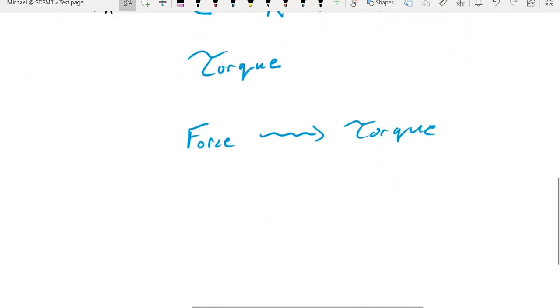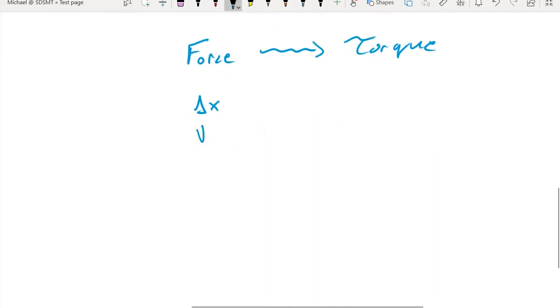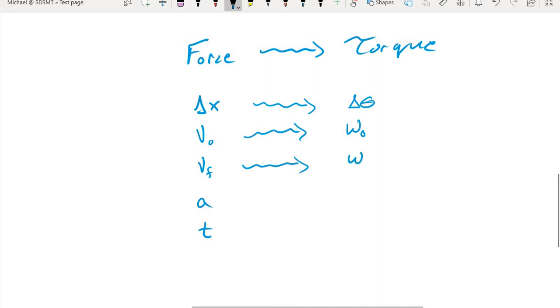And what I mean by that is back in chapters 2 and 4, we had all of our linear expressions for displacement, velocity, acceleration, and then we had our angular equivalents, where we could just take the terms from chapters 2 and 4, and replace all of those terms with the new angular equivalents.